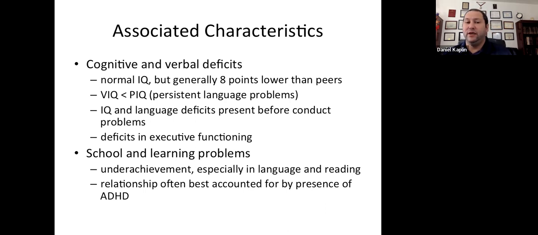And if we were to give an IQ test, one's performance-based IQ tends to be stronger than their verbal IQ. So we do see that there are some language deficits that are present before conduct problems. And perhaps some of these conduct problems are frustration, not being able to articulate or express what one is feeling. Now, academically, we do see an underperformance and underachievement in the classroom, especially on verbal skills.